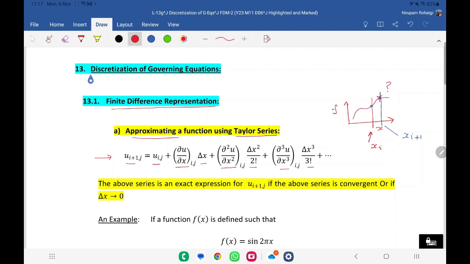Now the above series gives an exact representation or expression of u(i+1). Now you can find exact value of u(i+1) provided you take all the terms into account. So this is an exact representation provided that your series is convergent. So the only thing required is the series should be convergent.